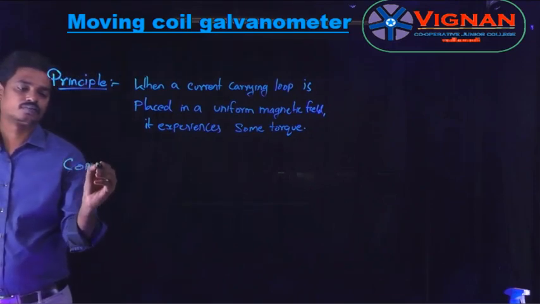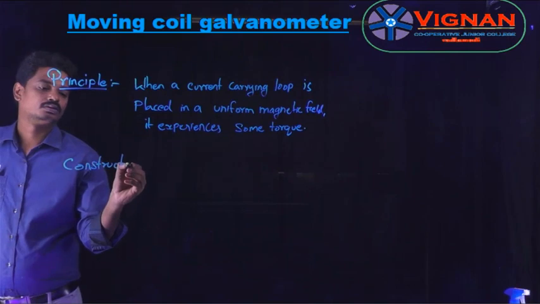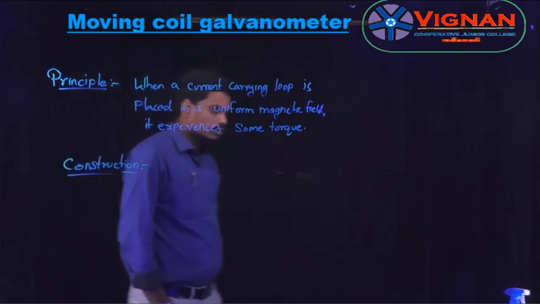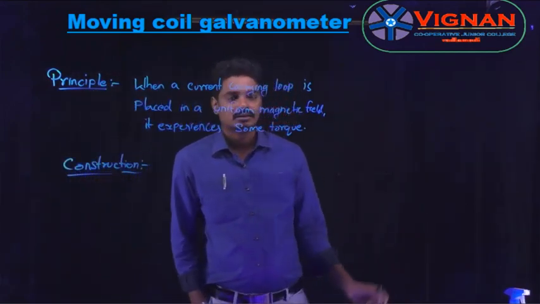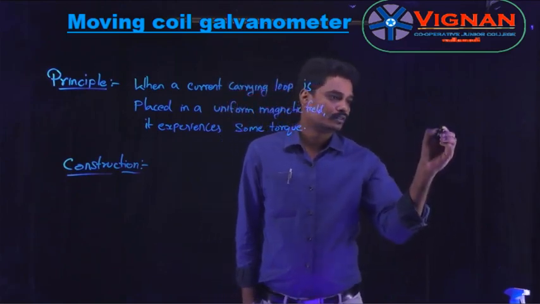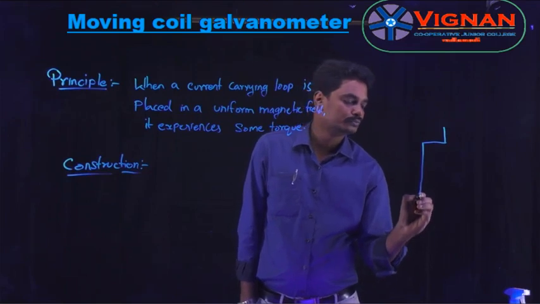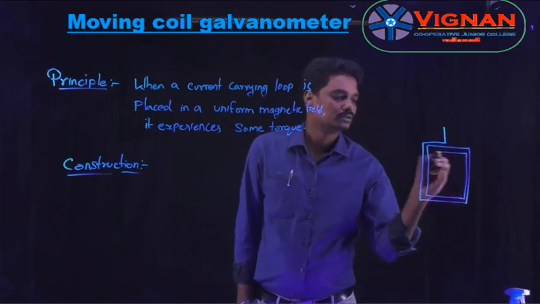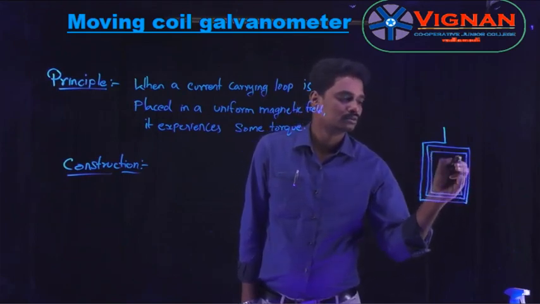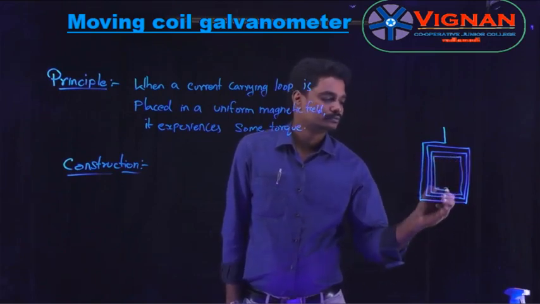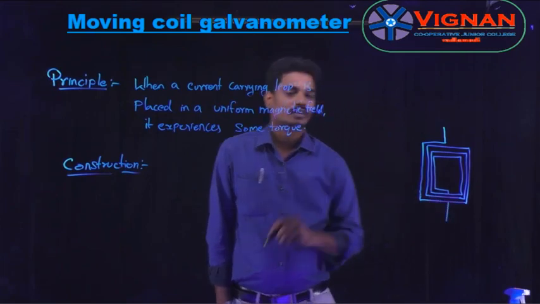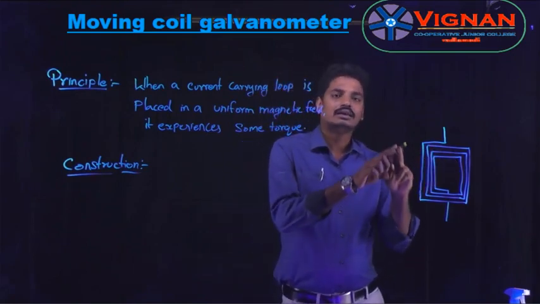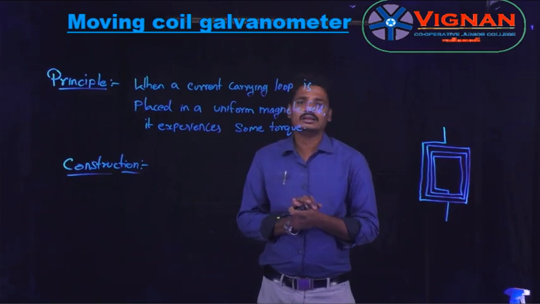Initially, consider a rectangular loop which has n number of turns, placed on a rectangular non-conducting board.